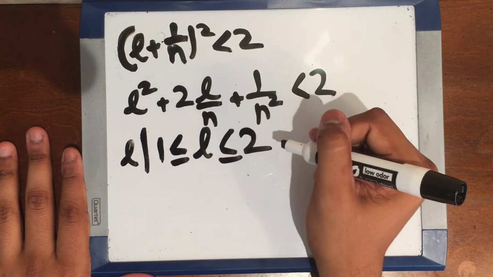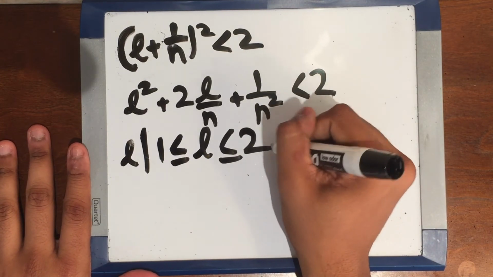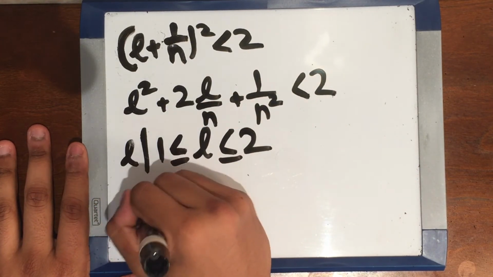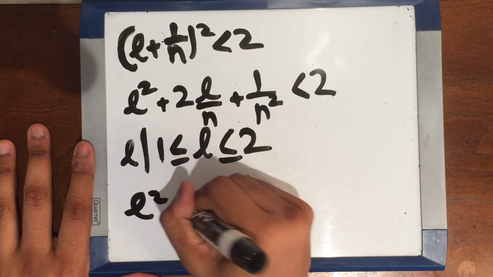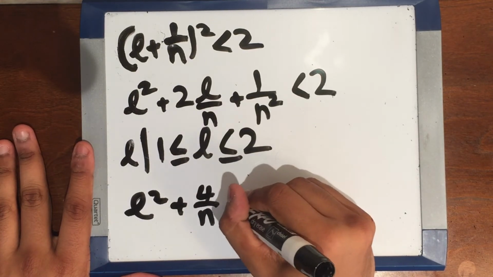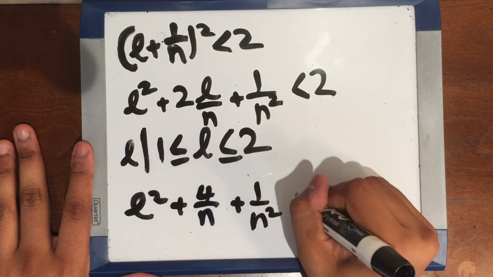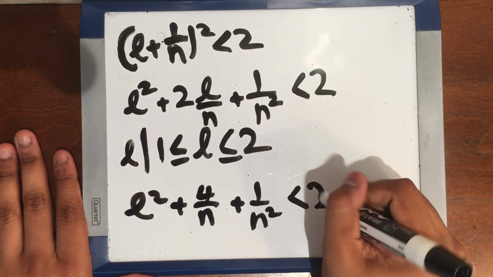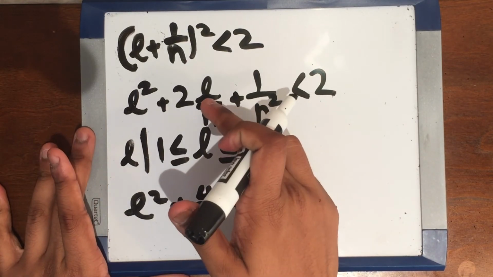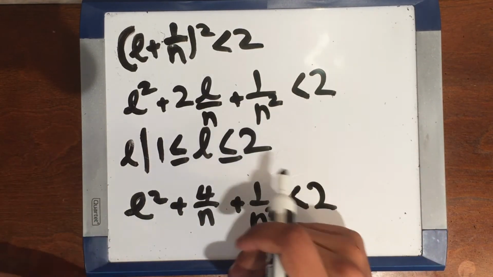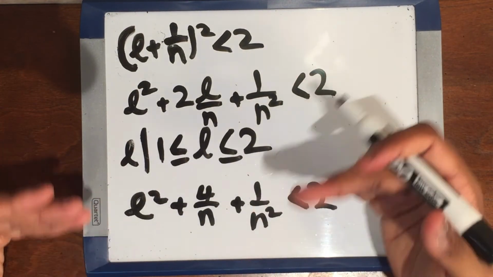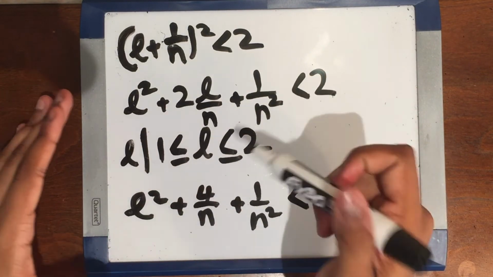It suffices to say that we need to find an n where L squared plus 4 over n plus 1 over n squared is less than 2. Because it has to be less than 2, if we just multiplied it by 4, it'd be essentially doing the same thing, just slightly simplifying our problem here.